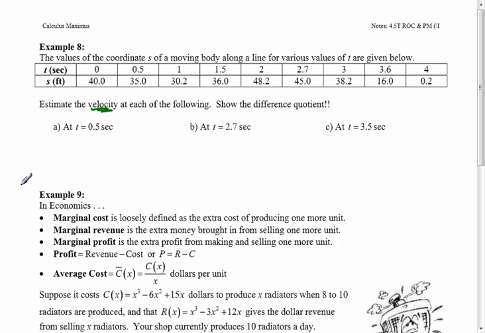We could do s of 1 minus s of 0, looking at those 2 points, over 1 minus 0. So we can compare the slope here, or we could do s of half a second minus s of 0.